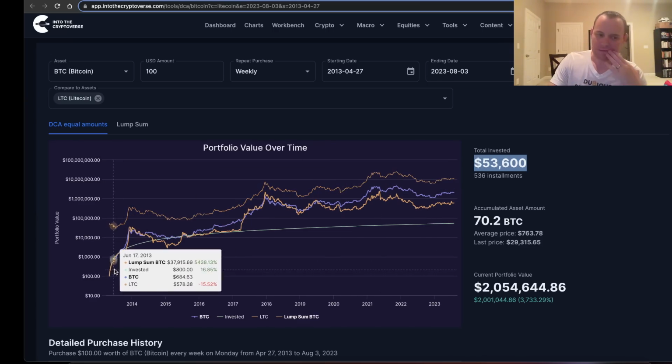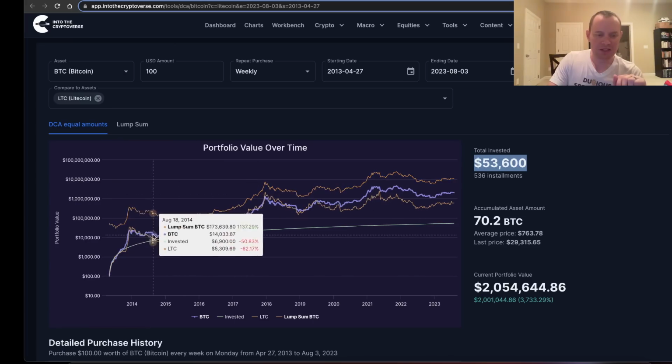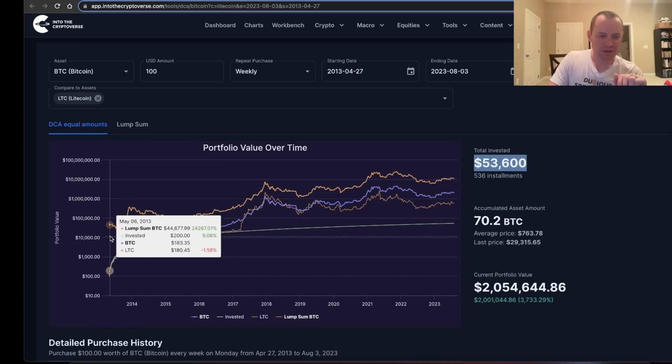Okay, so there's clearly a difference, but when you go far enough back, that lump sum can often outperform a DCA strategy over that same time period. But what's interesting is when you first start off, you can see that Bitcoin and Litecoin are more or less the same in terms of what they give you back, right? There's not a huge difference there.